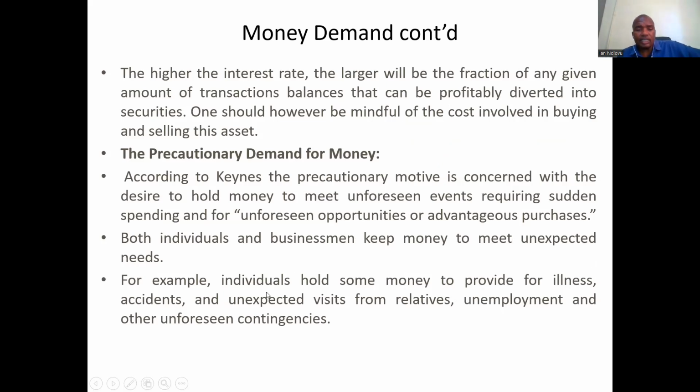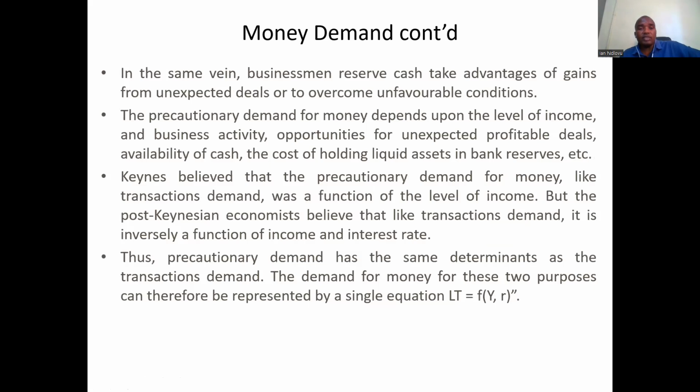Things like sickness, accidents, and unexpected events. We know these things are open to chance and unforeseen, but they can be held, when we look at the law of large numbers, to be more or less constant. So the precautionary demand for money also does not vary with changes in the interest rate, ceteris paribus.